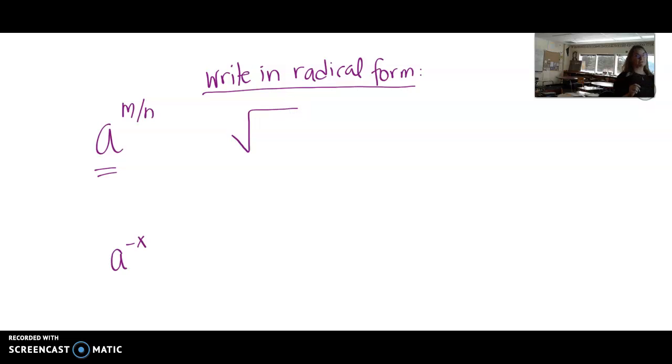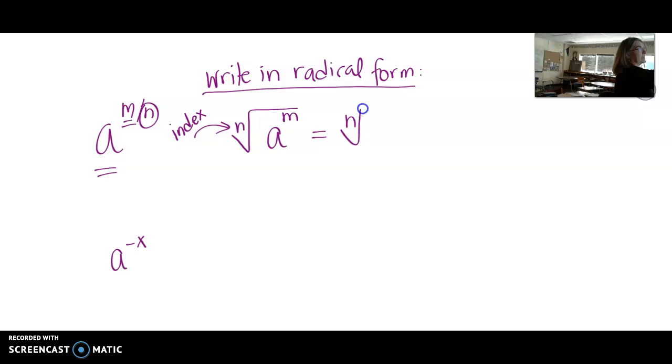Radical form involves a radical, that's why it's called radical form, and that's what a radical is, that symbol right there. Whatever's in the denominator is going to go here in what is called the index. The denominator will go in the index, and then the base stays here, and whatever's in the numerator will be what the base gets raised to. You can write it like that.